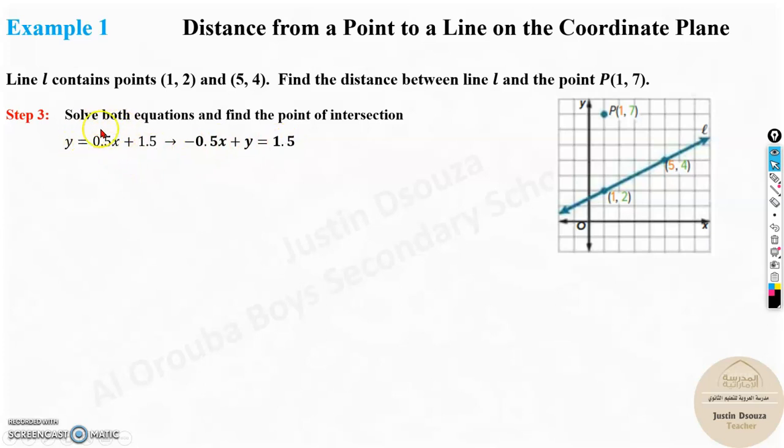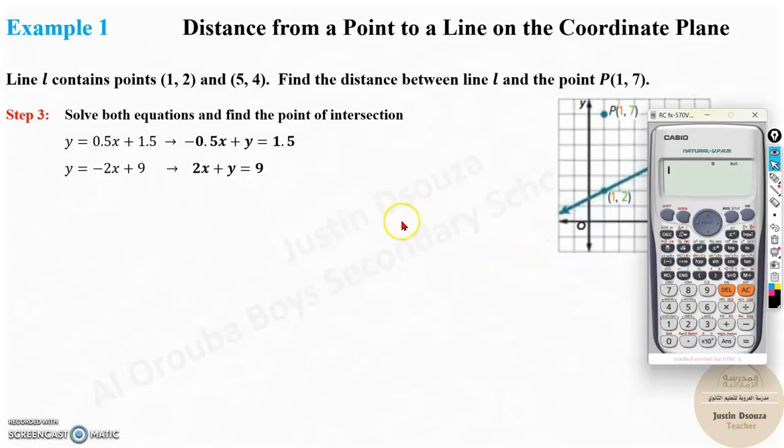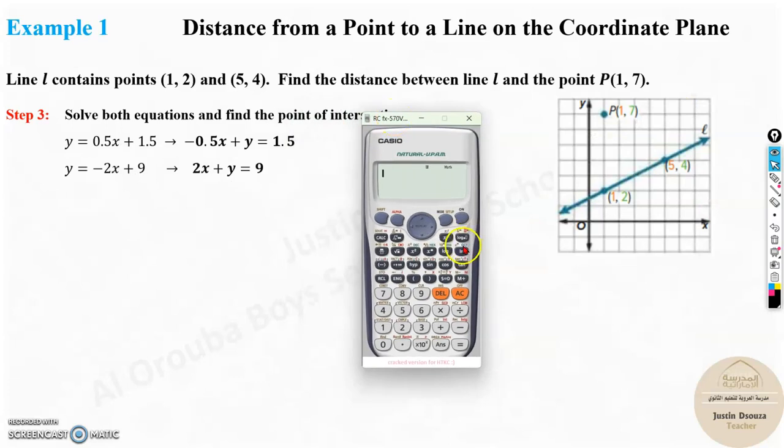What did I do over here? The 0.5x goes to the other side, becomes -0.5x plus y equals 1.5. Similarly, for the next line, the perpendicular line, take the -2x to the other side and it becomes +2x plus y equals 9. All you need to do is use the calculator, mode, and this is the first standard form.